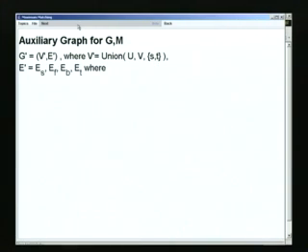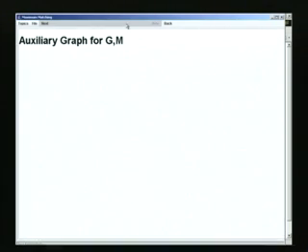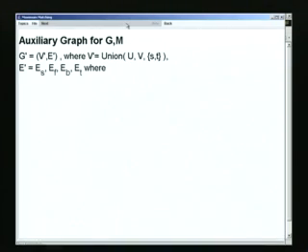Let us define the edge set. E prime consists of these edges which go out of S. Just to remind you, these are the edges which are E sub S edges. E sub F is the edges which are the forward edges. Let us go over them step by step.